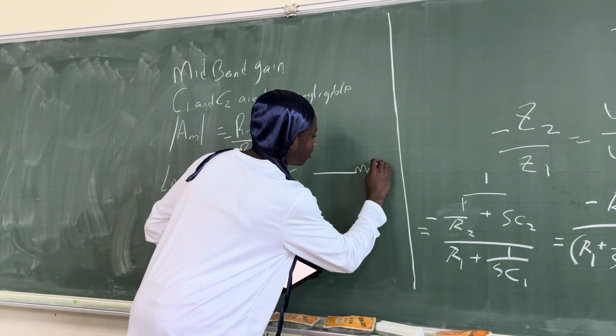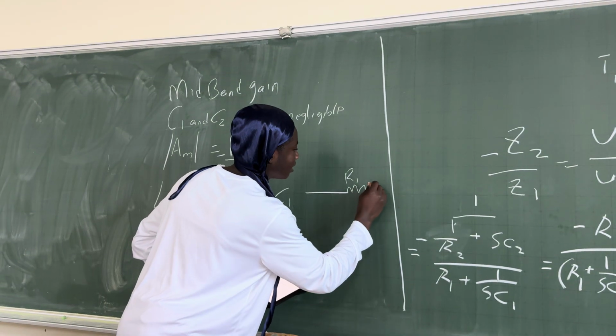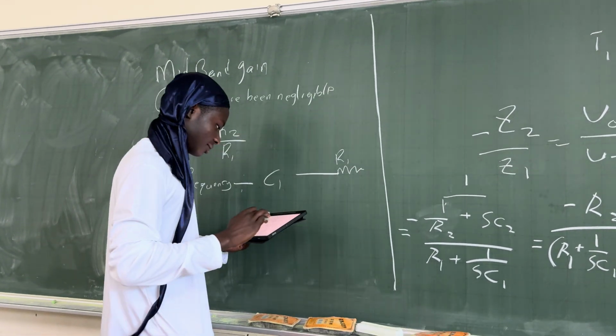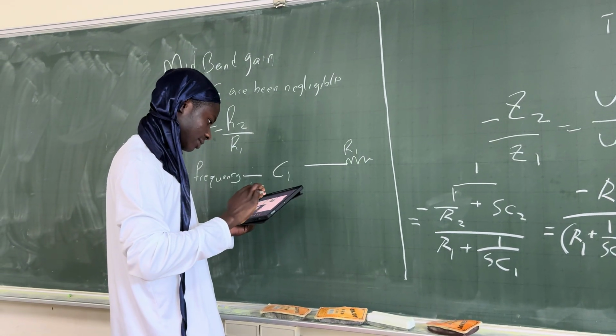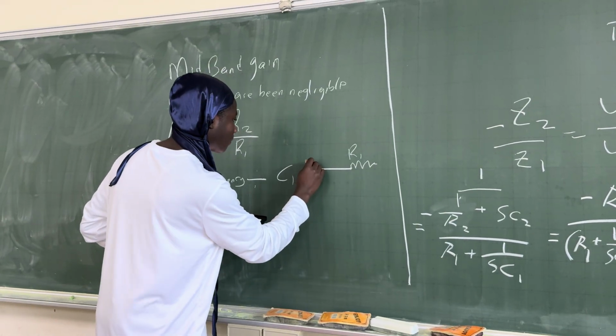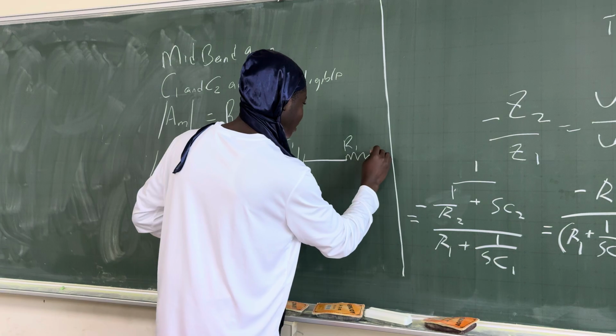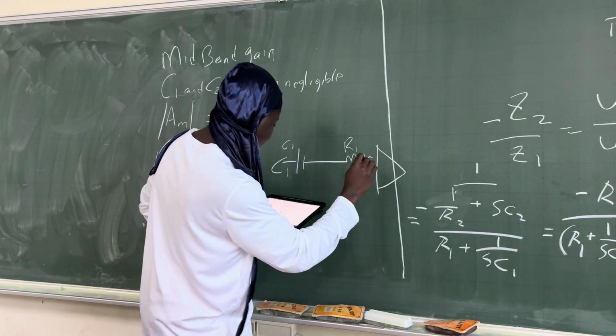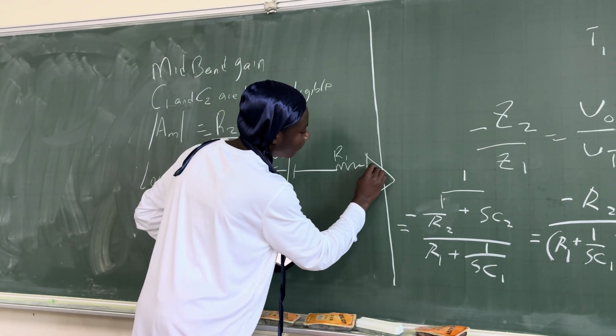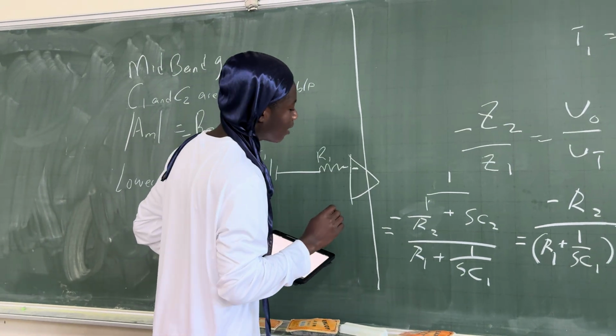We have a resistor 1, we have a capacitor here, this is capacitor 1, this is resistor 1, then it is being connected to the inverting op amp amplifier.